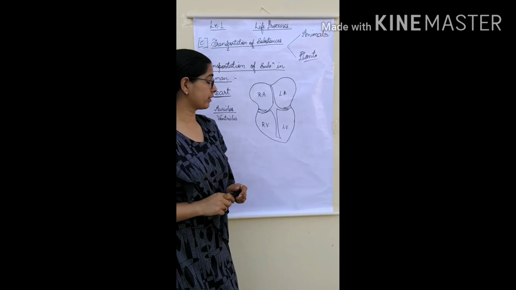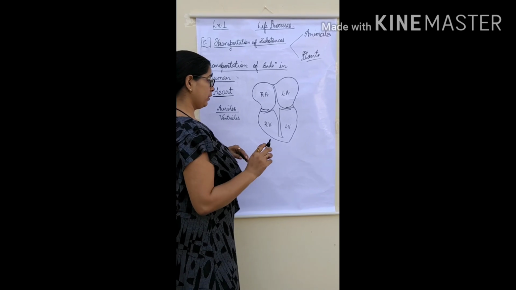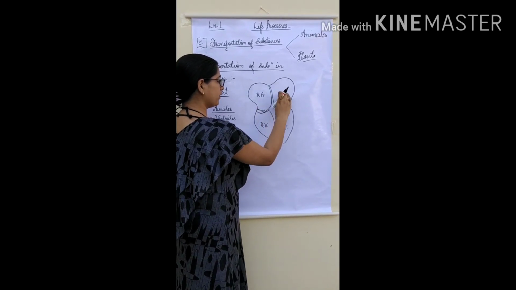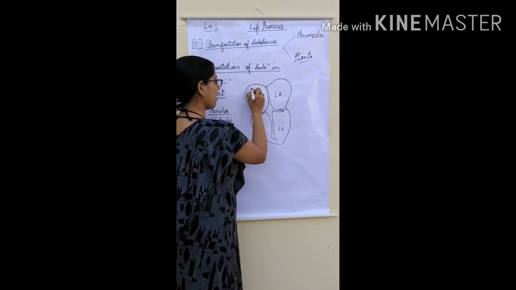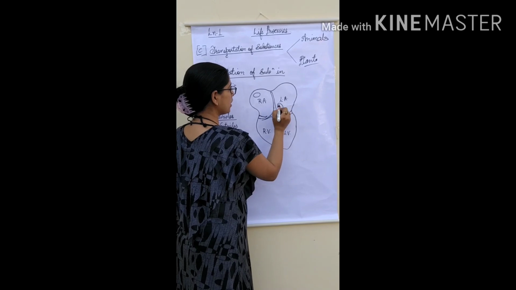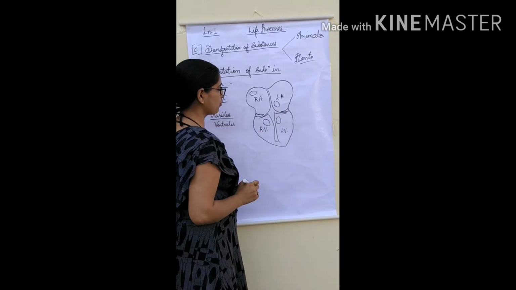The heart is divided. Now here you have to understand that each compartment has one opening. This opening is important as it has a particular function to perform.